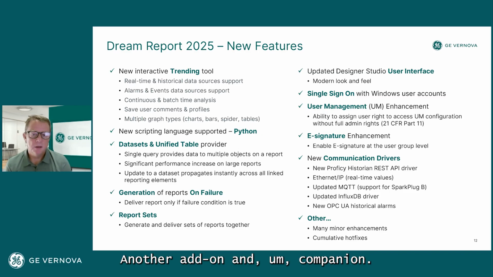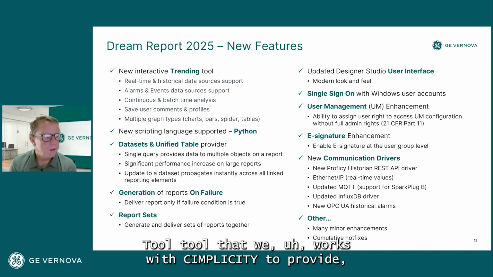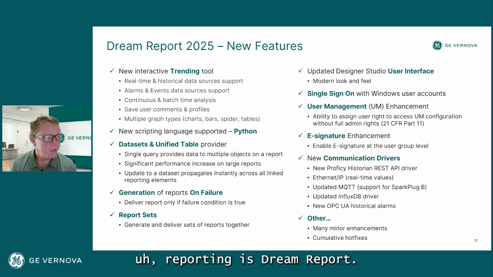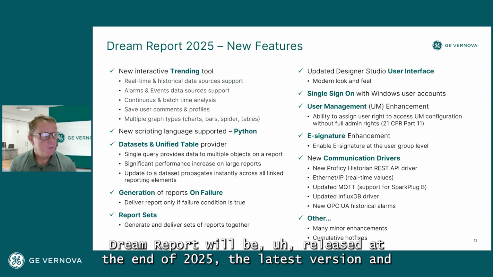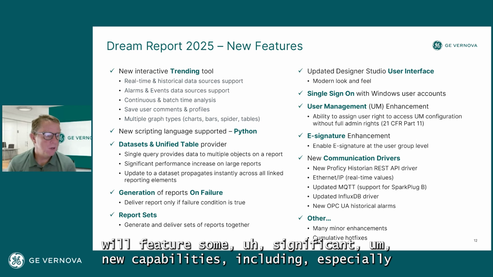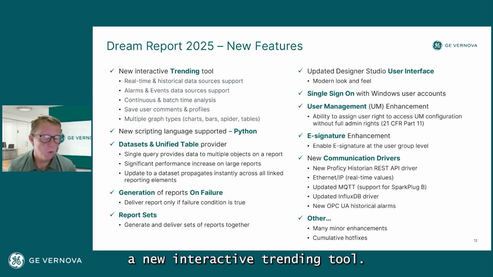Another add-on and companion tool that works with Cimplicity to provide reporting is Dream Report. Dream Report will be released at the end of 2025, the latest version, and will feature some significant new capabilities, especially a new interactive trending tool.